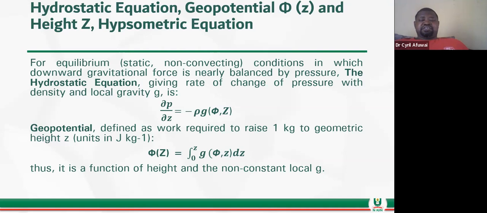Thus, it is a function of height and the non-constant local gravity G. So I hope by now you should be able to define hydrostatic equation and write the equation, and also define geopotential and also write the equation. Okay.